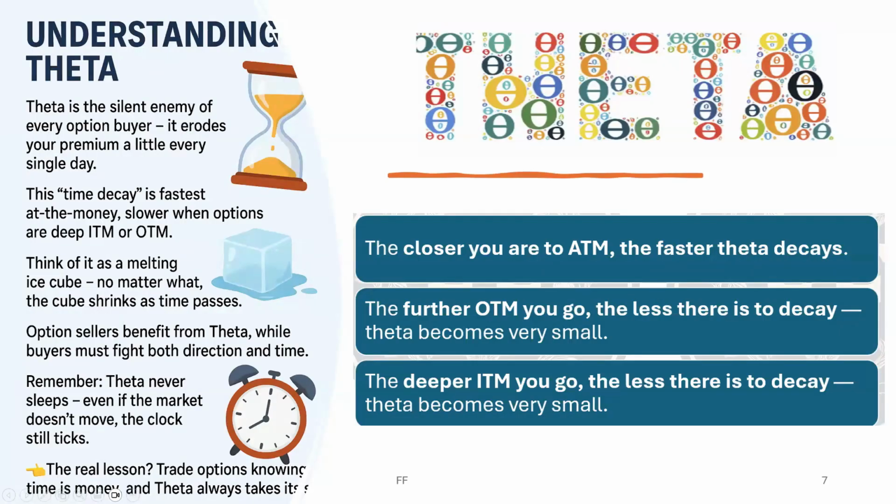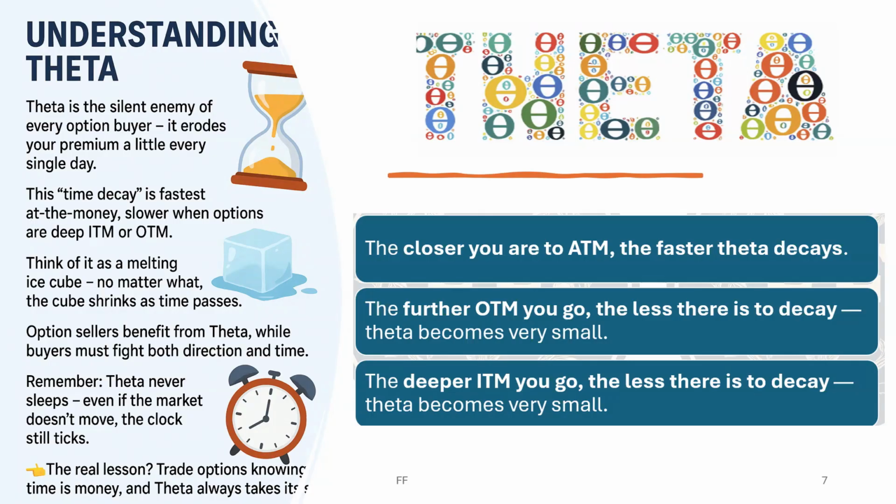Okay, with this we will summarize what we discussed today. So in conclusion, we should note that theta is a silent enemy for every option buyer. It erodes our premium a little every single day. This time decay is fastest at the money, slower when options are deep in the money or out of the money, and the shape of the decay is that of a bell curve.